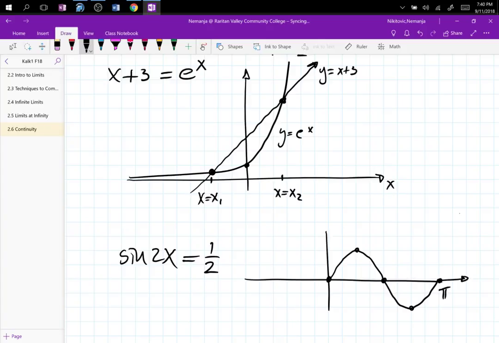That means it's going to be pi over here, and pi over 2, and pi over 4, and 3 pi over 4. All I did is graph the left side. I'm going to graph the right side. So on 0 to pi, 2 solutions. One over here, one over here. I mean, they're x values, obviously. It's called the boss way of solving these things.